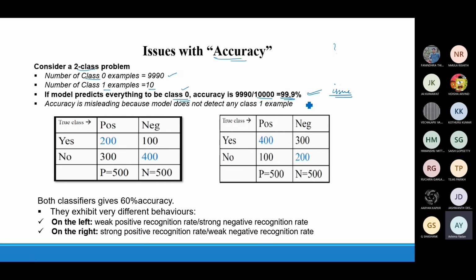So in this case, accuracy is a very misleading parameter, because it is not detecting any of the class 1 samples. This is as good as a no skill classifier, because it doesn't have any skill. It just predicts everything to be in class 0. If you calculate the precision and recall for this particular case, that will be very different for each and every class.